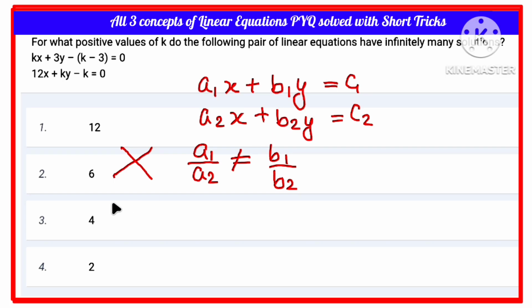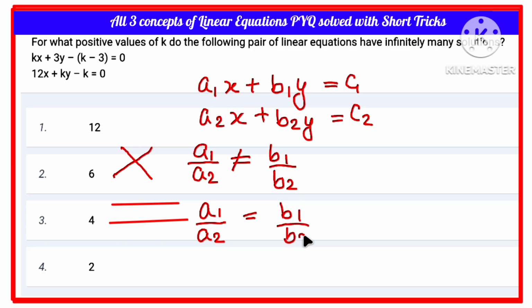Now, if two given linear equations are parallel to each other, then a1 by a2 will be equal to b1 by b2, but it will be not equal to c1 by c2 when two lines are parallel to each other.